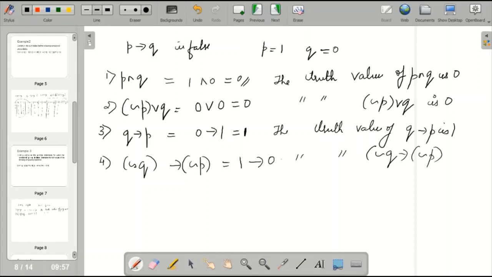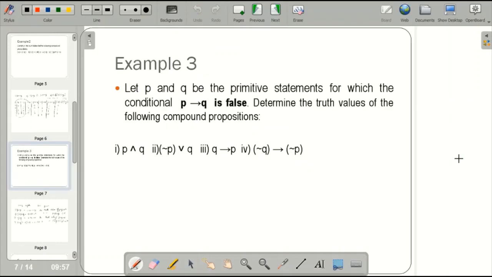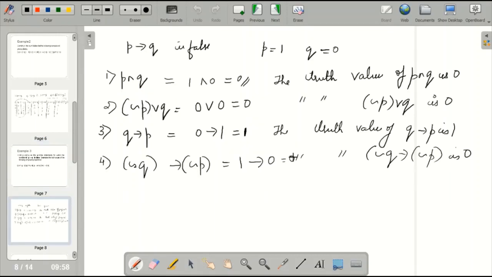So you know 1 conditional 0 is always 0. So truth value is 0. So this is regarding the example 3. They are told to find the truth value of P and Q, negation P or Q, conditional P, and then the negation Q conditional negation P.